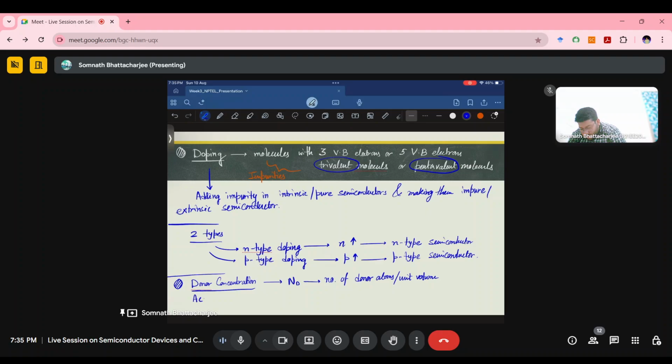We will also have the acceptor concentration, that is NA, the number of acceptor atoms per unit volume. The basic units of these concentrations are per cc, or per centimeter cube.